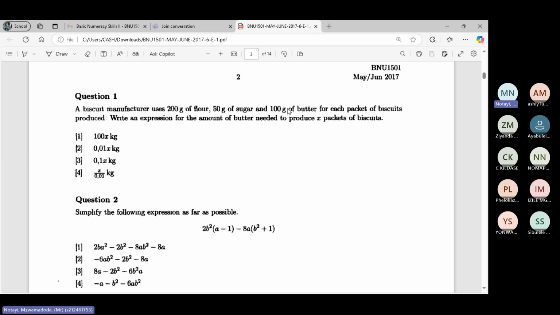So the amount of butter is 100 divided by 1000 kilograms multiplied by X packets of biscuits, which gives 0,1X kilograms. So give me an expression for the amount of flour needed to produce the X packets of biscuits, and then maybe also write that one for the sugar.